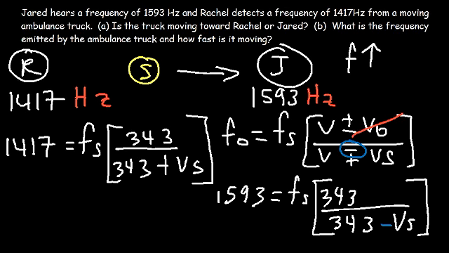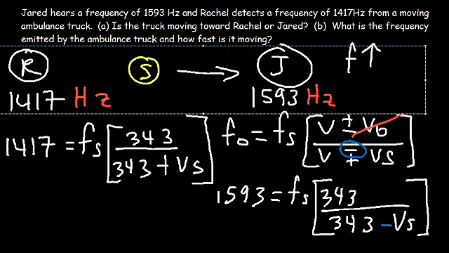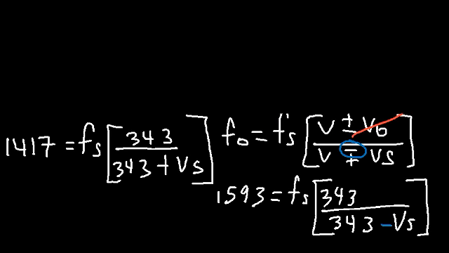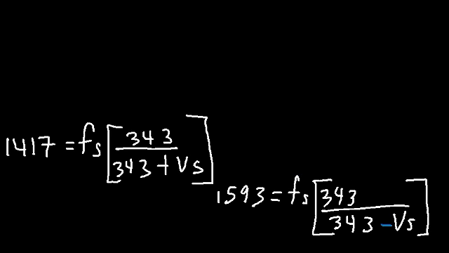So now how can we solve for these two variables? What should we do? Let's isolate Fs in both equations. So how can we get Fs by itself? To do that, first let me make some space. We no longer need this anymore. Let's multiply both sides by the reciprocal of this fraction.